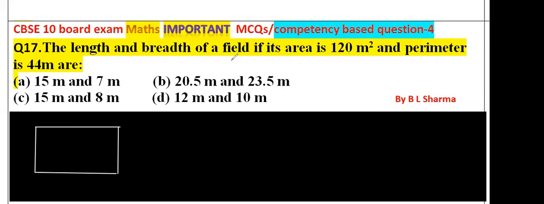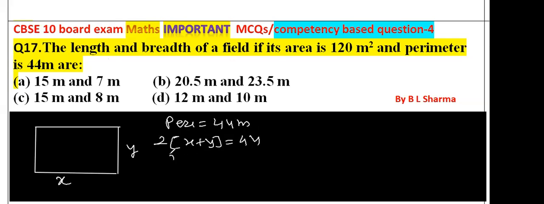The length and breadth of a field, we have to find out if its area is 120 meter square and perimeter is 44 meter. Let the length be x meter, width be y meter. So perimeter is given 44 meter. So twice of length plus width is 44 meter.